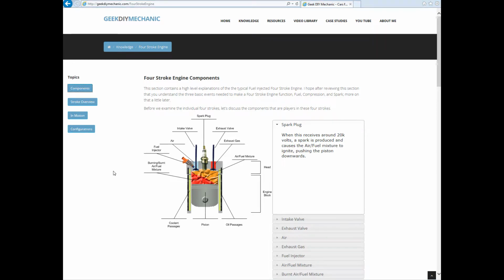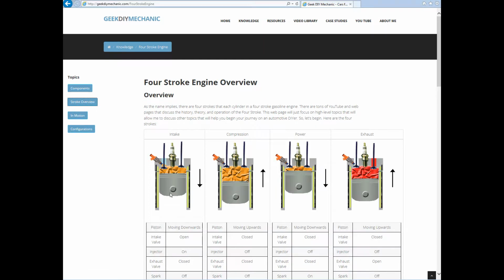Let's discuss the strokes that make up the 4-stroke engine. Each cylinder goes through these 4 strokes. And if you look at these 4 strokes, the main stroke is the power stroke. So what I'm saying is these other 3 strokes are in preparation for the power stroke.